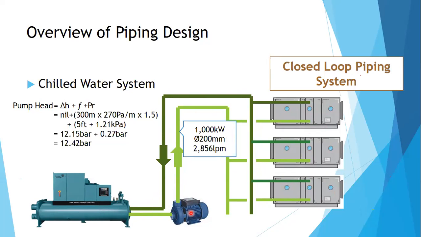If this pump can supply for the farthest AHU, it sure can supply to a near AHU. So that's why on our calculation, we only do one, the farthest one. So total 12.42 bar. So this pump needs 12.42 bar to suck the water from the chiller, go to the farthest AHU, and back to the chiller.